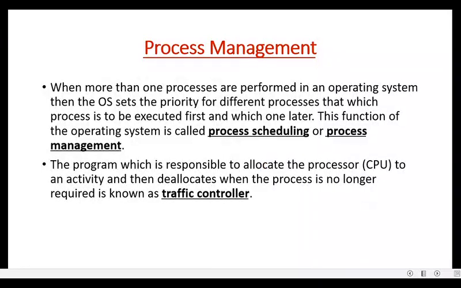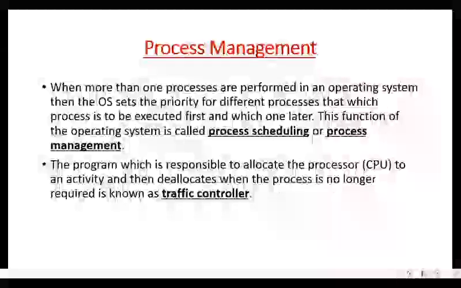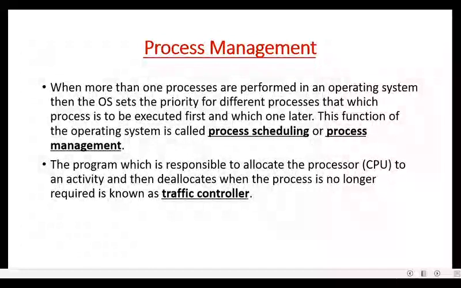Now there is one more process. Suppose one process is completed, then it will be deallocated from the memory. And if a new process is to continue, memory for this process will be allocated by the CPU. So this is the process responsible for allocating the processor to an activity and then deallocating it when the process is no longer required.